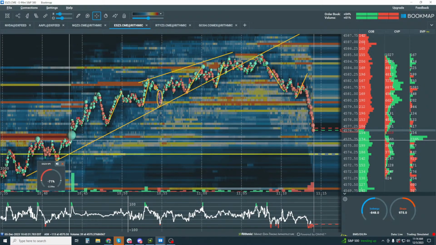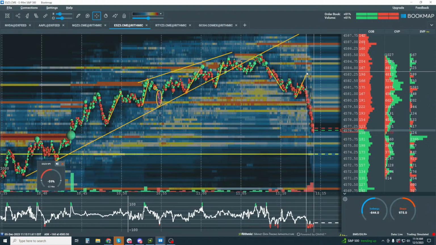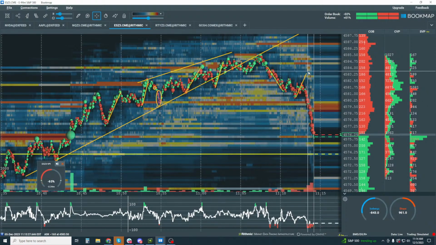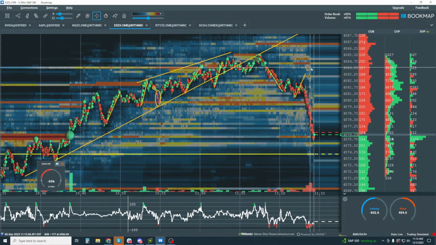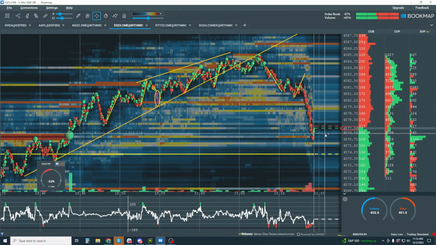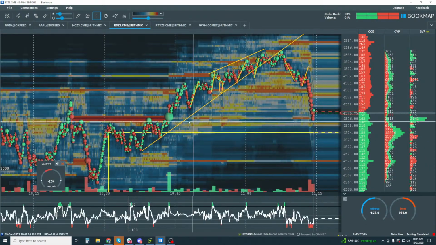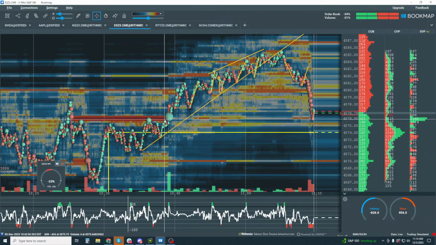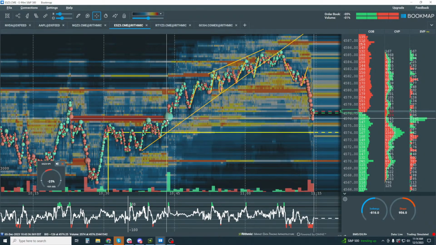Back down to this liquidity here, and then back to your 74 level here. Now we should get a bounce off of 74 here, or 76 here, after this large transaction in here.